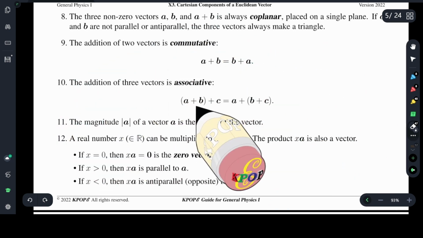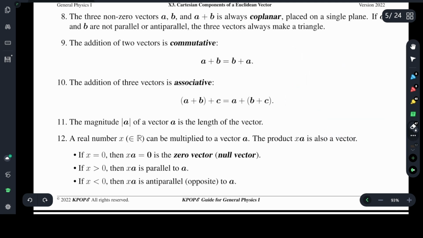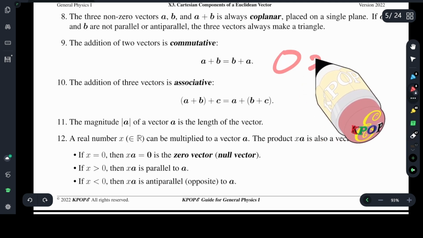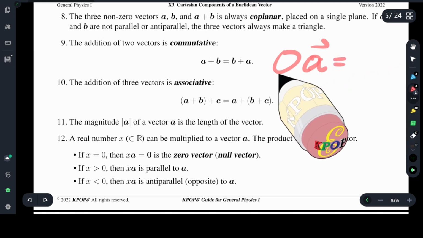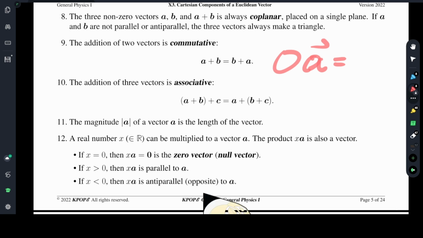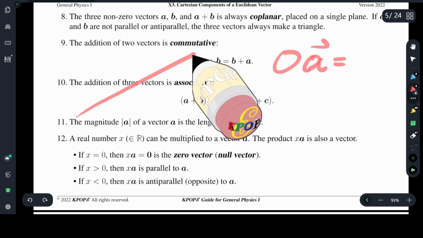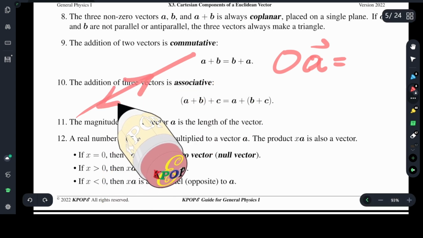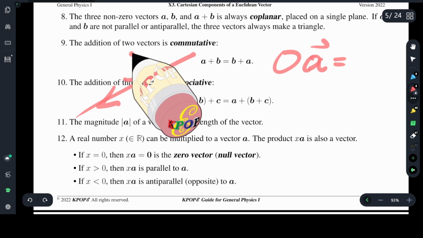If you multiply 0 by any vector, you get a vector that does not have any direction and does not have any length. Because there is no length, there is no way to describe the direction. Only if I have a length can I choose any direction. But a point does not have any magnitude, so there is no way to describe direction.